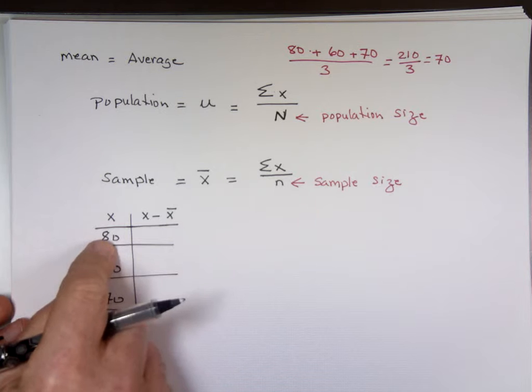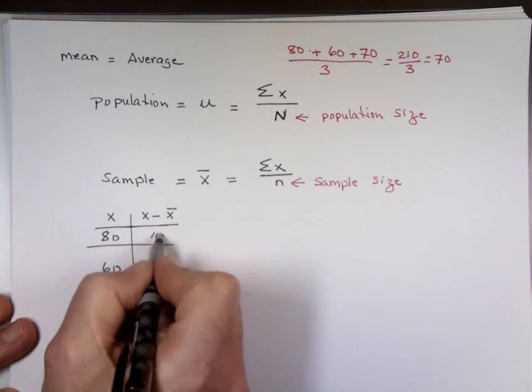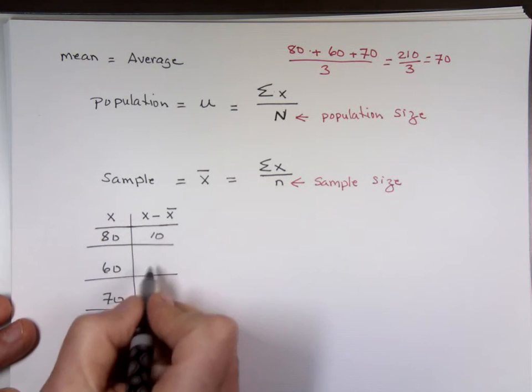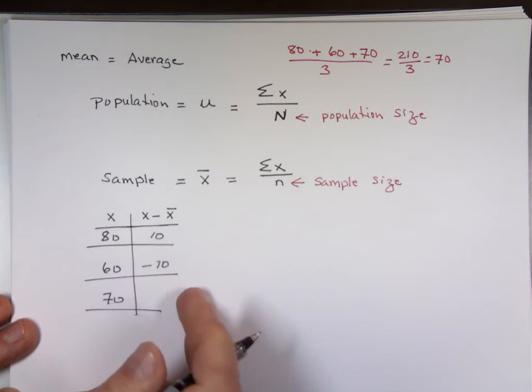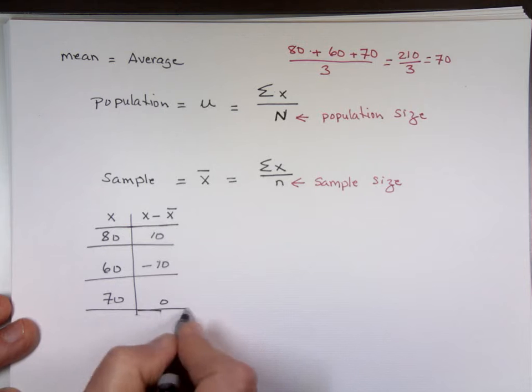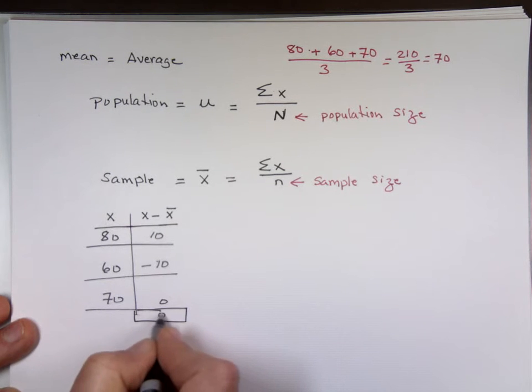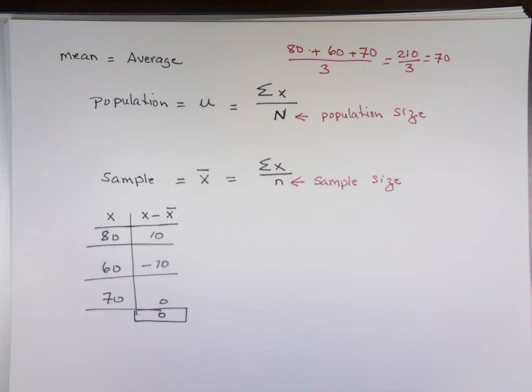What's 80 minus 70 here? 10. What's 60 minus 70? Negative 10. What's 70 minus 70? 0. When you add them, what's that sum? Always a 0. Always. Has to be. So if you take the difference between the values and your average and you add them, the sum is always going to be 0. Every single time.